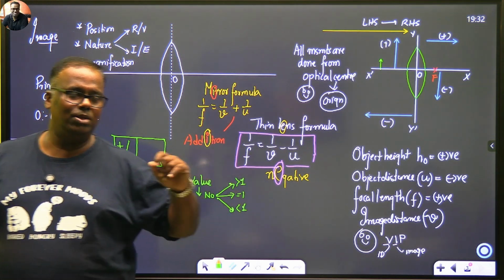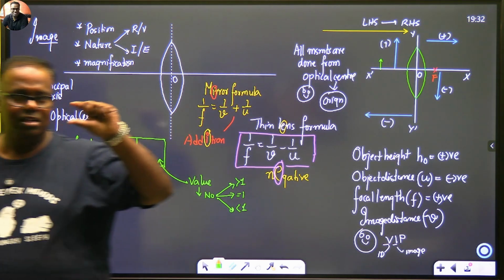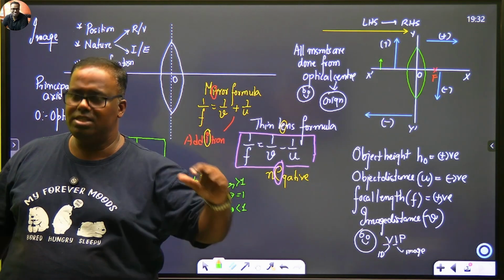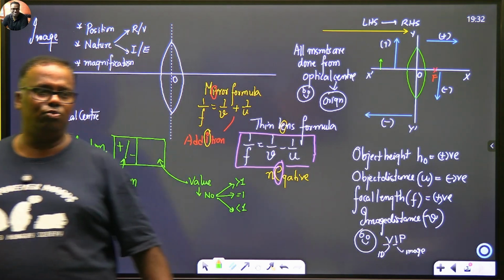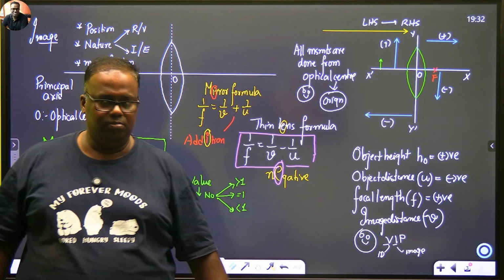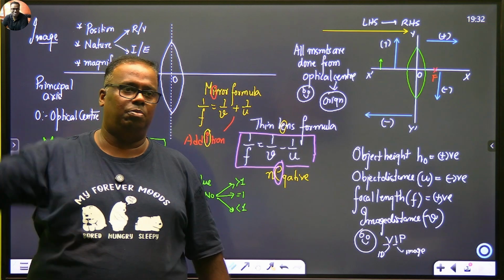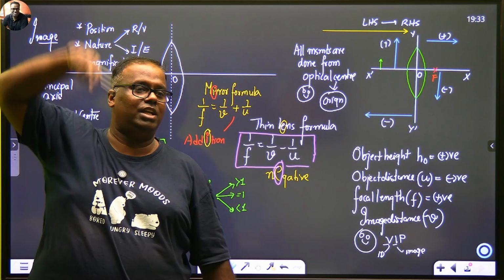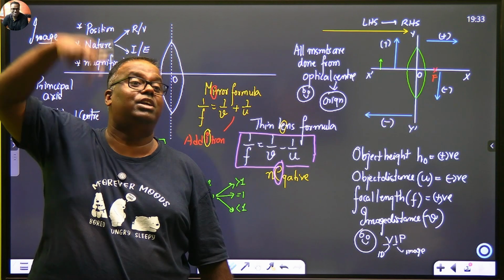The photograph that you see in your ID card is diminished, or smaller. So the magnification factor is less than 1. And say tomorrow if I'm contesting elections in Telangana, then at Appa Junction you will see my big cutout. In that case my magnification is now greater than 1.